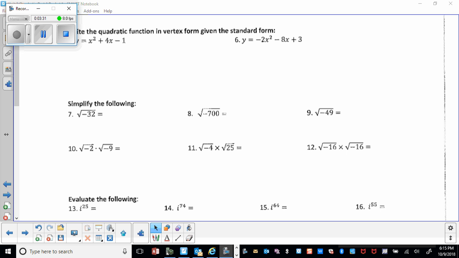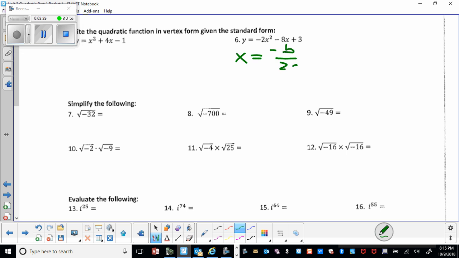Okay, so number 6, I've got x equals -b over 2a. So that would be the opposite of b would be a +8, and 2 times -2 would be -4. So that would be -2. All right, so for my vertex, it's at -2.